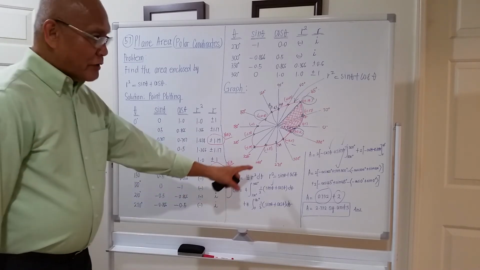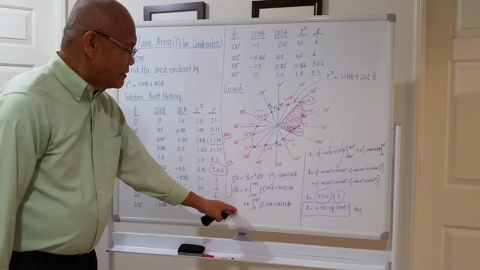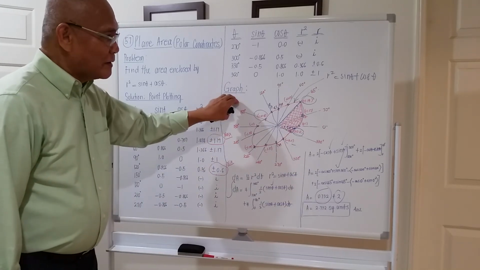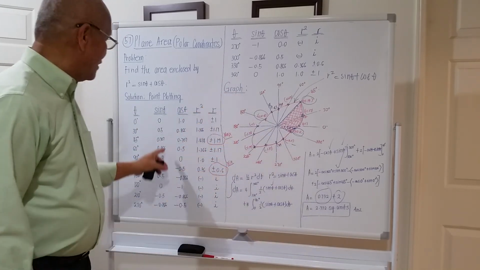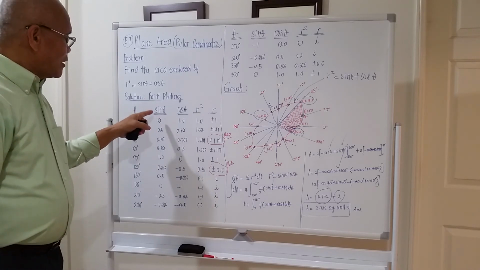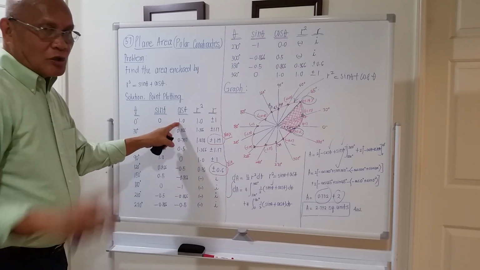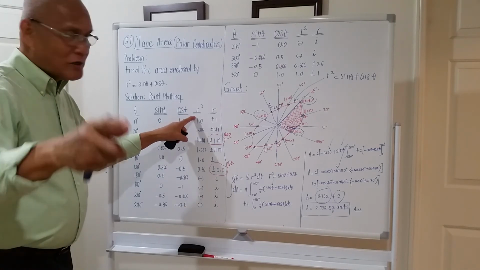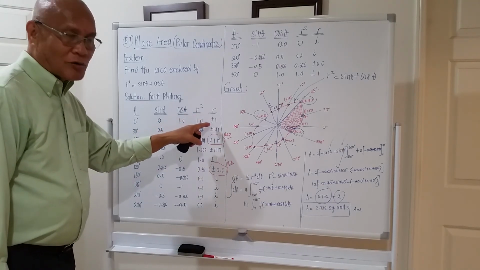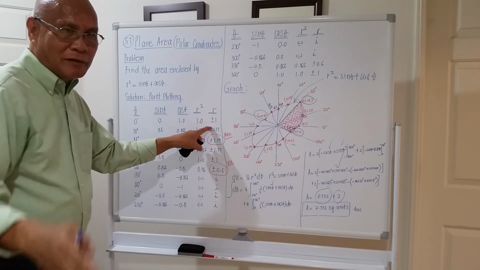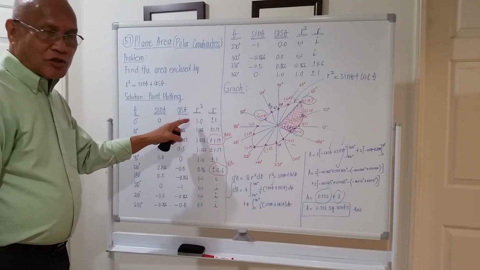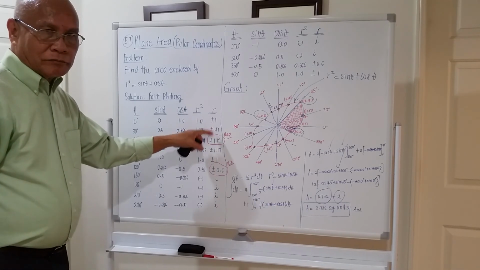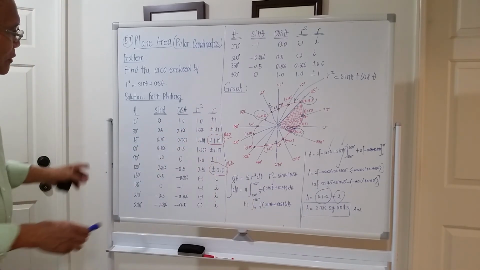Then, on the integration, it's not so hard. Actually, the hard part is the point plotting. Because if you are not accurate in the computation of the value of sine of theta and cosine of theta, you will make a mistake on the r squared. So obviously, the resulting r will be a wrong one. So if you are correct on the r squared, what will come out for the r will be a correct one also.